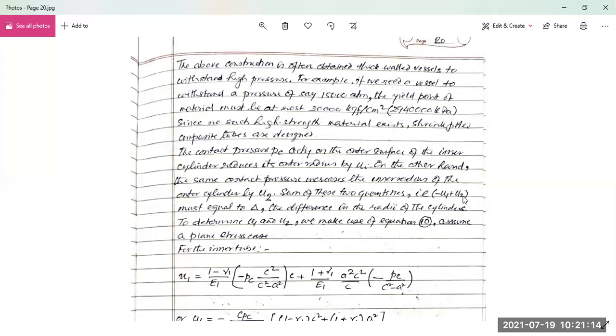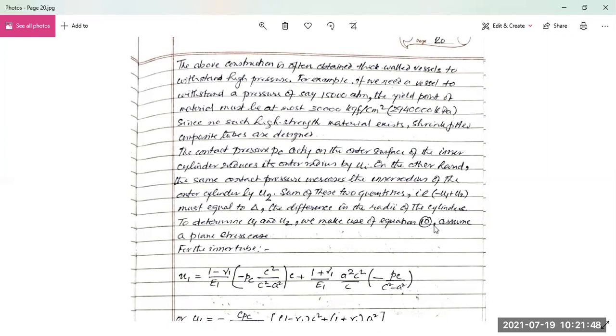If we add these two quantities, minus U1 plus U2, this must be equal to the difference between the outer radius of the inner cylinder and the inner radius of the outer cylinder, which is delta. So in order to know delta, we have to find U1 and U2.